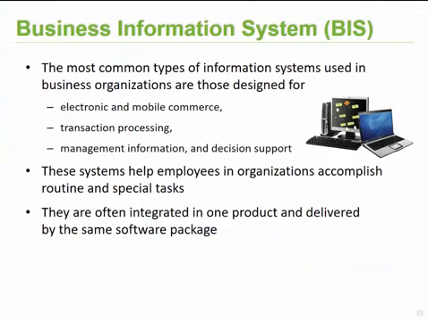Common types of systems include those that allow us to do, for example, electronic and mobile commerce, to perform transaction processing, to manage our information, as well as to reach specific decisions. As we progress, we're going to look at some of these systems in a little more detail.